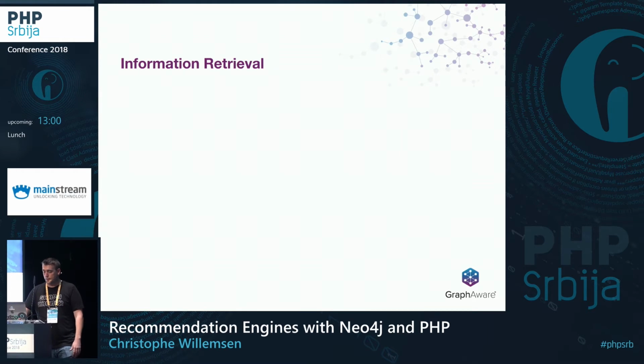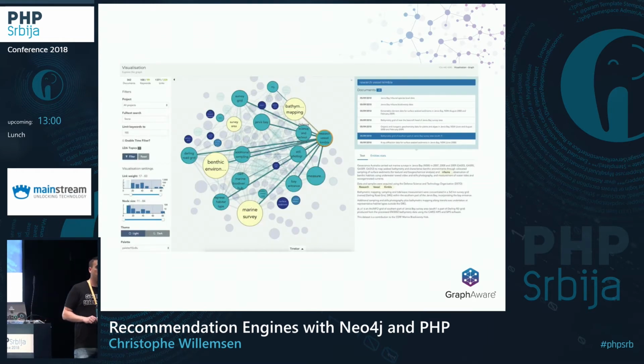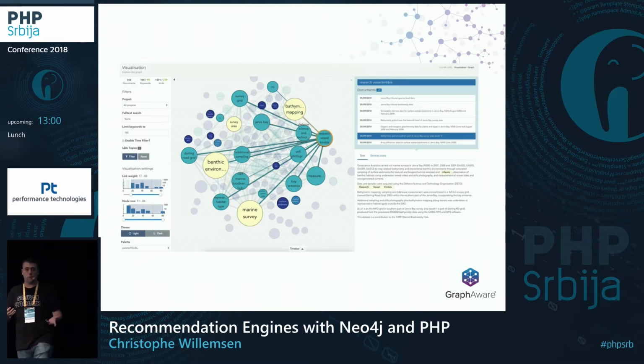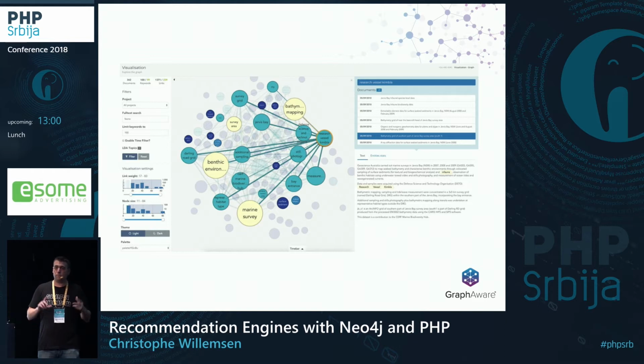Another use case is information retrieval. So who heard about natural language processing already? Yes, so I will not speak about this, but you can actually take text, analyze the text to gather concepts or keywords of this text.